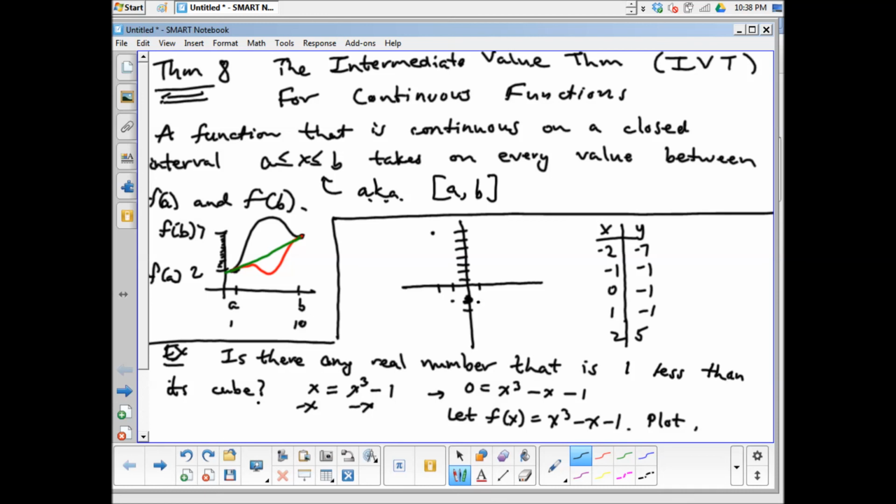There's 1, -1. Three in a row right there. And 2, 5. Oops, except that I plotted -2, -7 wrong. Just making sure you're awake. So 3, 4, 5, 6, 7, somewhere right about here. The curve, I'll draw it in red, looks like this.